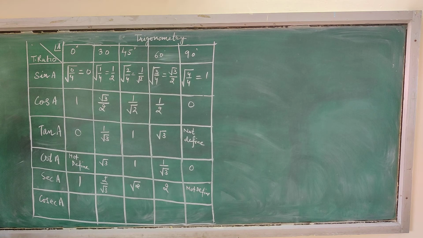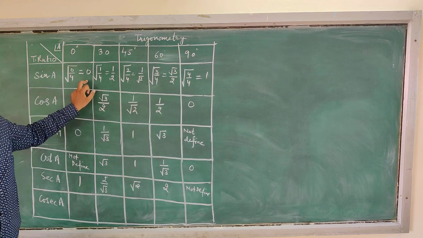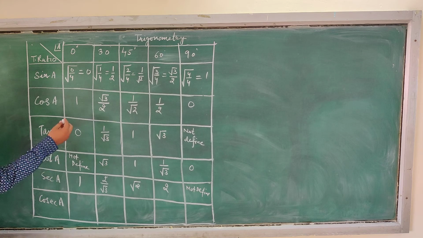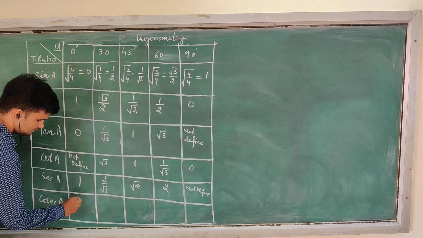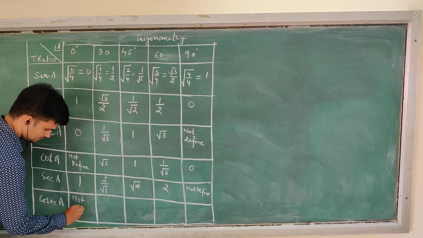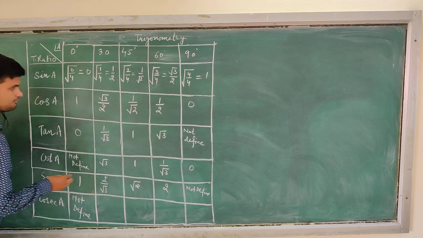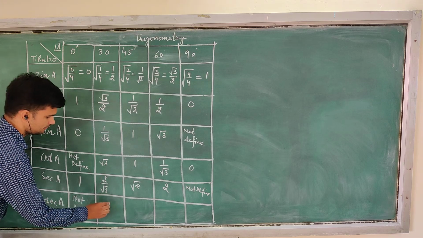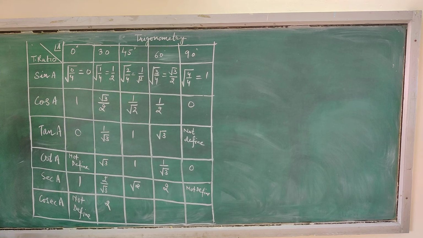Then come to cosecant. Sin 0 is 0, it means cosecant 0 is 1 by 0 means not defined. Right? Sin 30 is 1 by 2, cosecant 30 is 2.